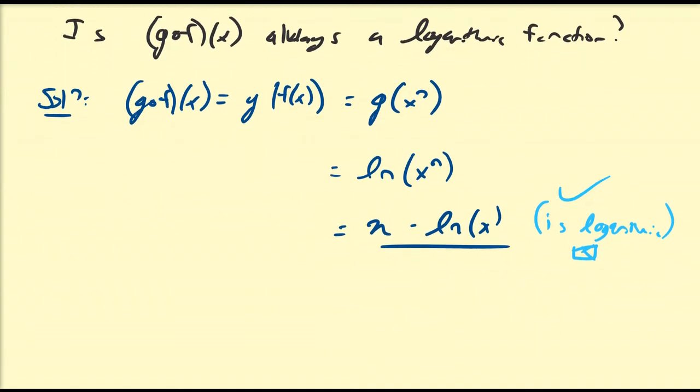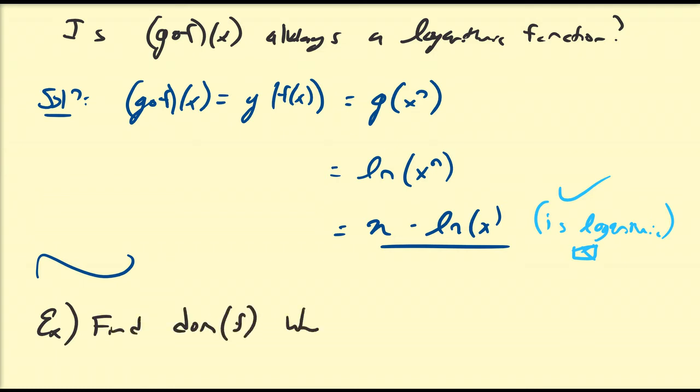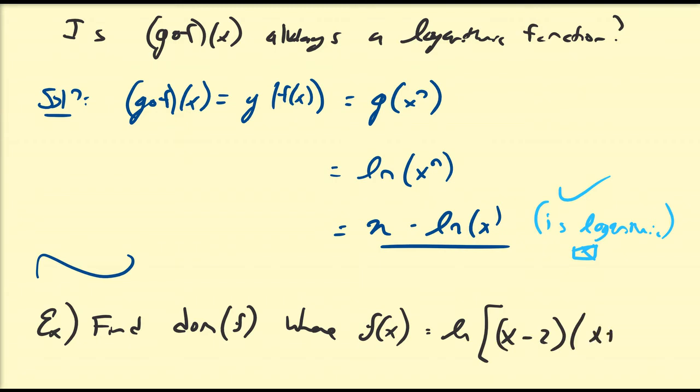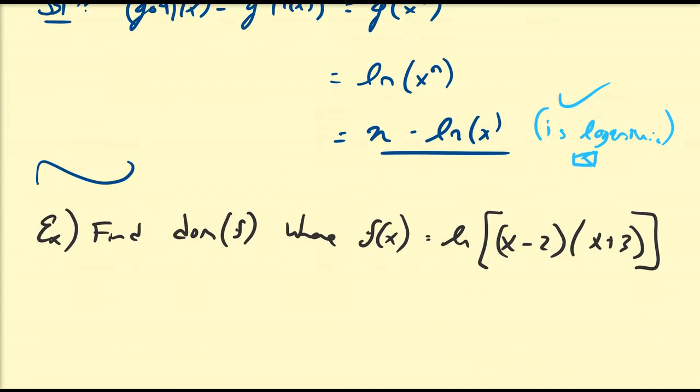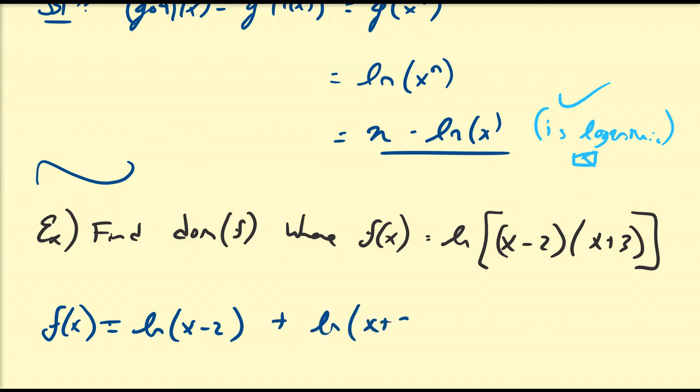All right, so now let us look at another function, and let's see if we can find the domain. So find the domain of f where f of x is equal to the natural log of x minus 2 times x plus 3. So now we're composing polynomials with logarithmic functions. Now let's see what the domain of this is. So f of x can be rewritten as the natural log of x minus 2 plus the natural log of x plus 3.